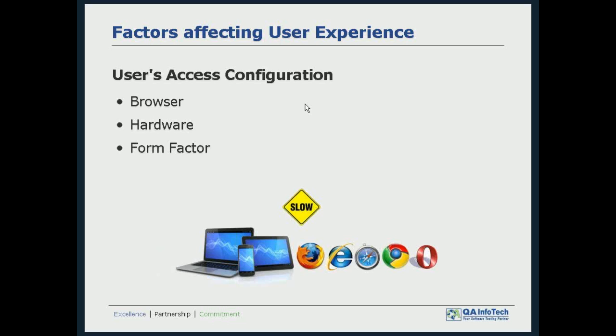Similarly, if we compare the responses of application rendering on Google Chrome versus Firefox and Internet Explorer version 7, we would see that Google Chrome is much faster. We also demonstrated that from one of the reports that we saw.